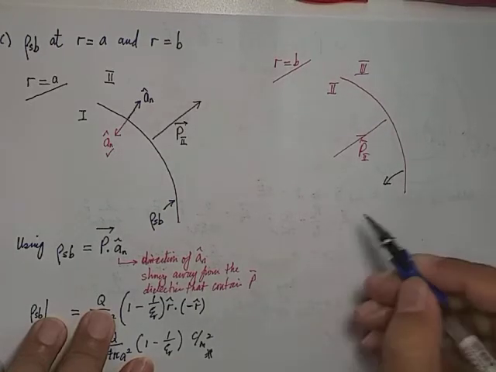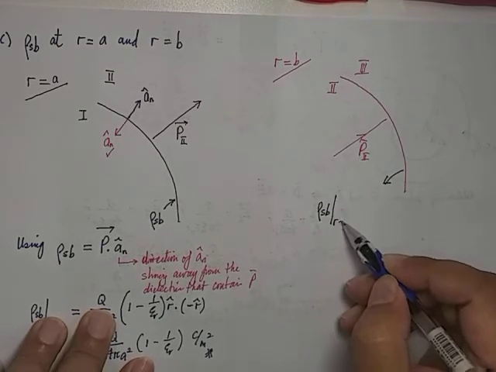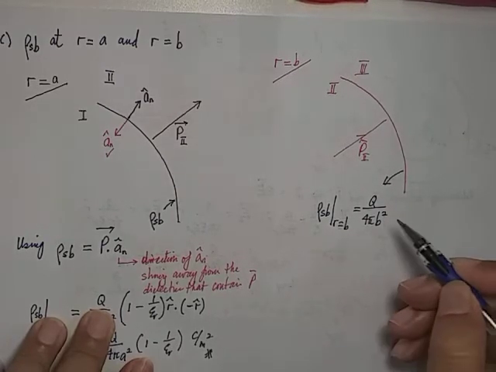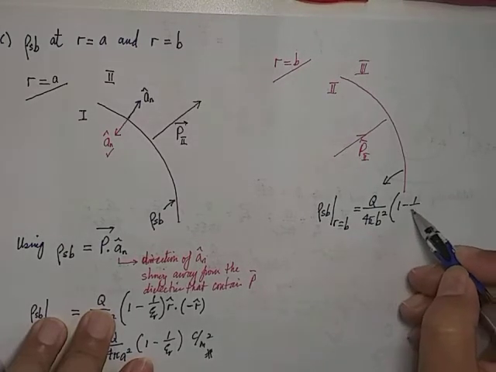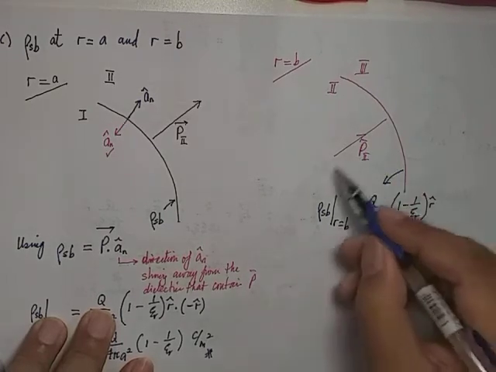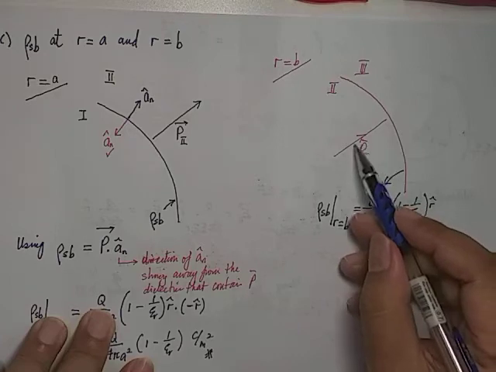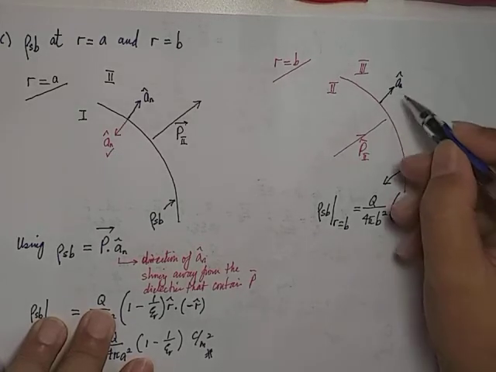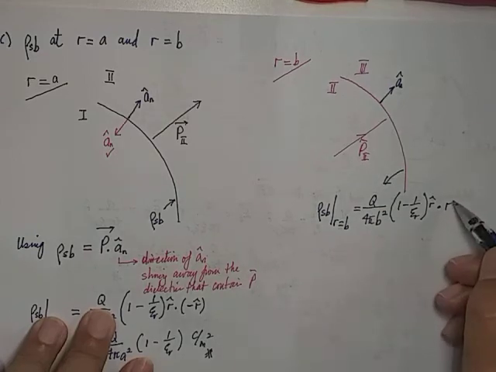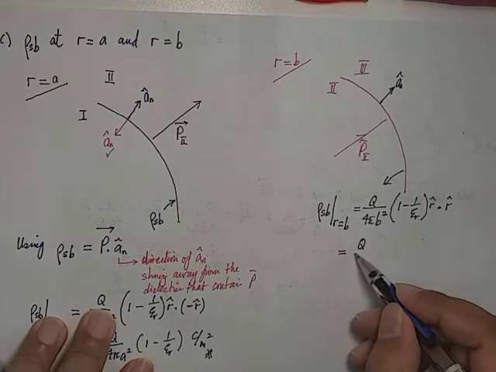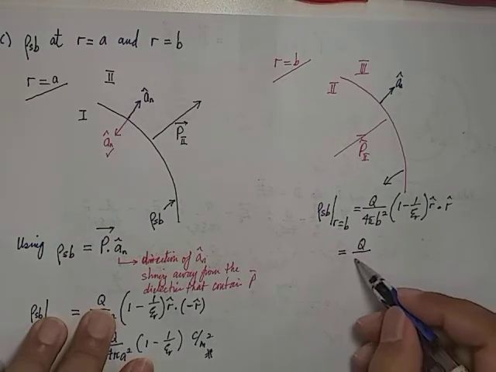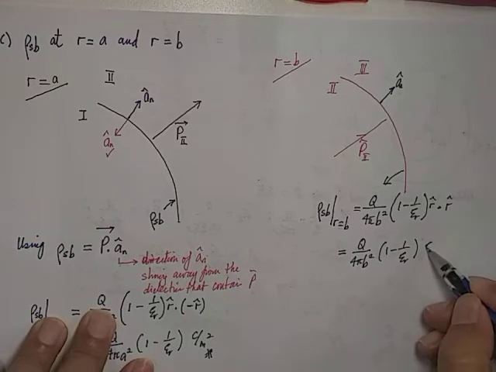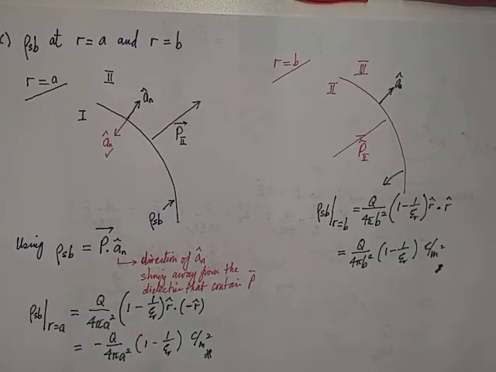So rho SB at R equal to B should be Q divided by 4 pi B squared, because R now needs to be substituted with B, times 1 minus 1 over epsilon R in the R direction, dotted with AN, which is away from the dielectric that contains our P, so it should be R. Now we have the solution as positive bounded surface charge: Q over 4 pi B squared, 1 minus 1 over epsilon R, coulomb per meter squared. That should be our solution for R equal to B.